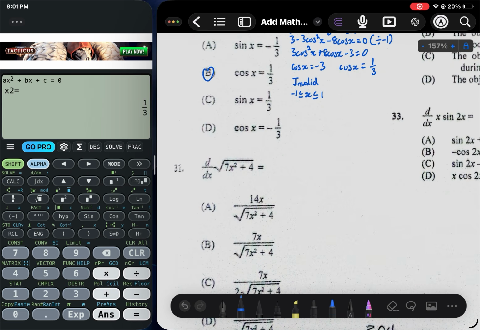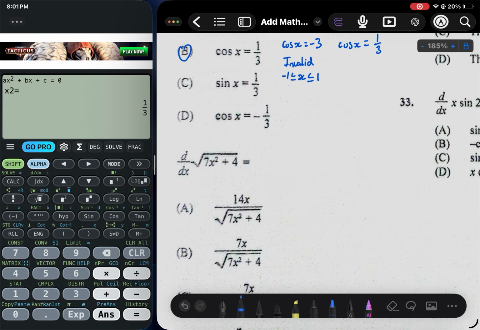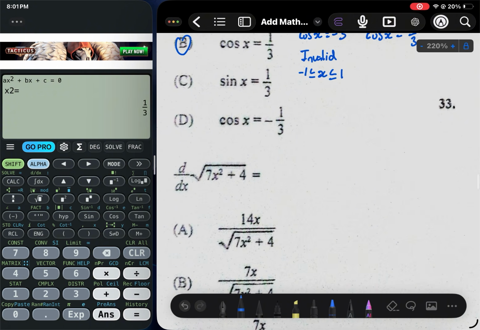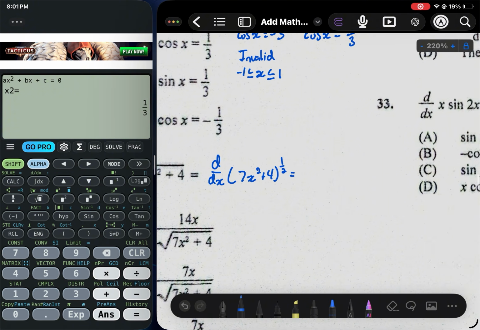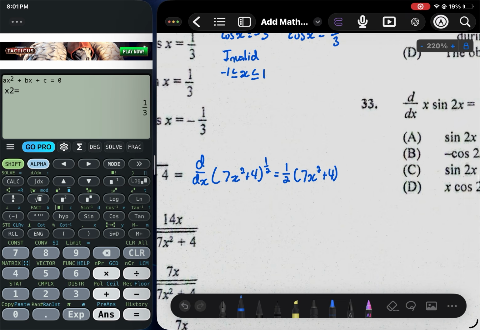31. The derivative of square root 7x squared plus 4 is equal to. So you know that this is the same thing as saying 7x squared plus 4 to the power of a half. So we'd multiply by the power, which is a half, and then we'd subtract 1 from the power, so we'd get negative a half.